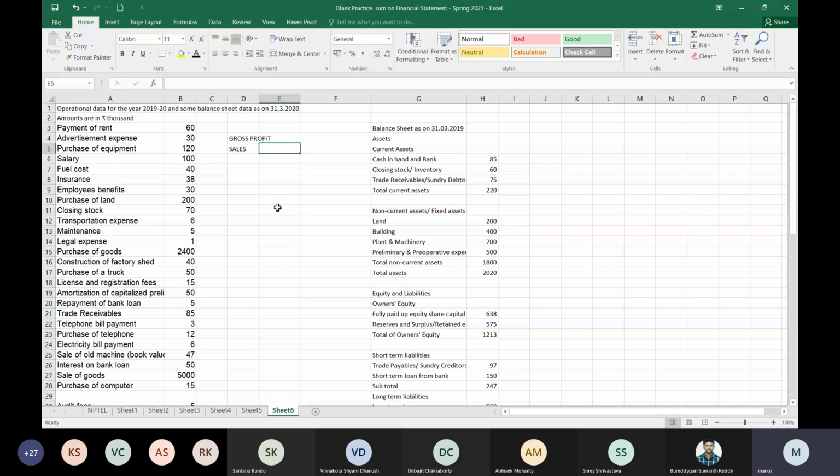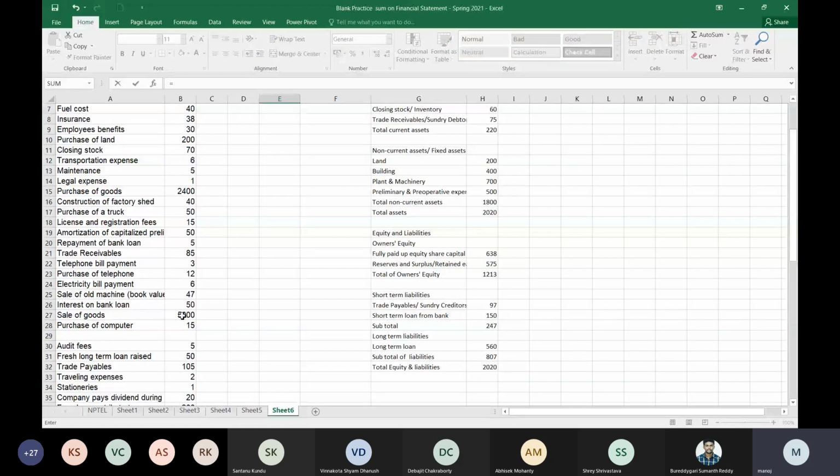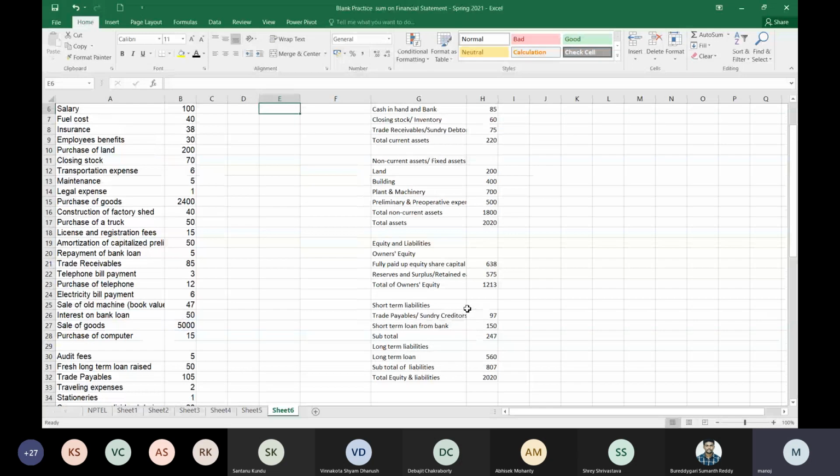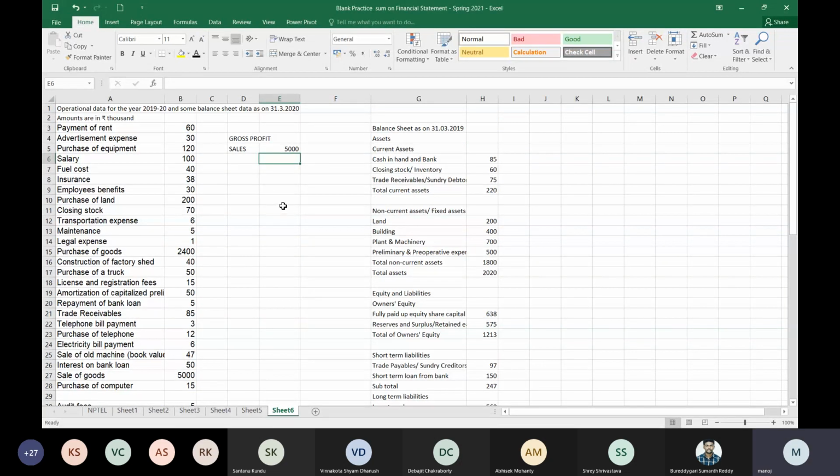If you earn anything else by selling unusual, irregular things, like say you sell some furniture, you sell some obsolete machine, these are not part of sales. So here our sale of goods is 5,000. So our sales during the year is 5,000.